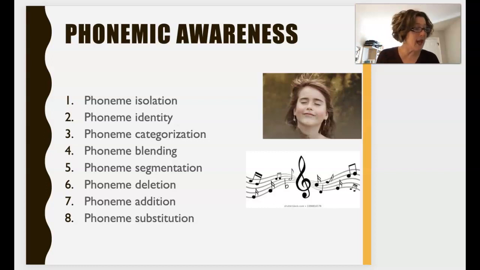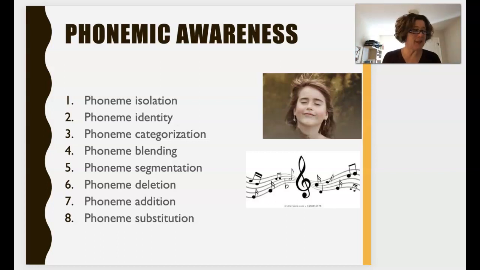Phoneme categorization is when children recognize the word in a set of 3 or 4 words that has an odd sound. Say you have cow, bow, moo, and sow. They know that moo is the one that doesn't fit the category.